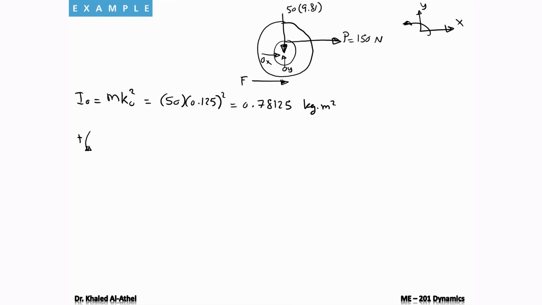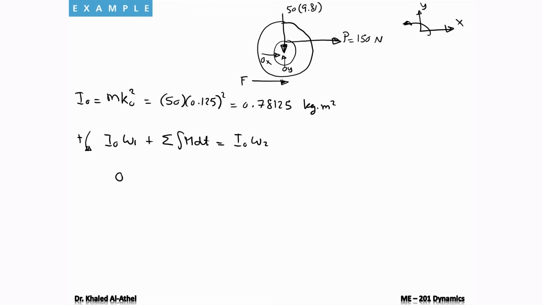So let's do it this way. If this is positive, I'm going to write I_O omega 1 plus summation of M dt should equal I_O omega 2. Now it was originally at rest, so this is 0.